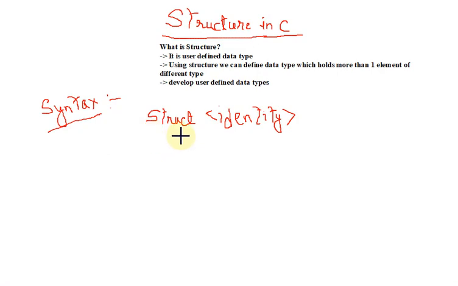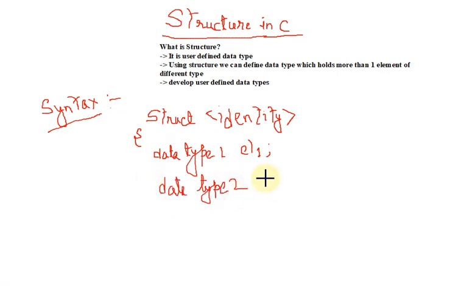After the struct keyword and the identifier, we need to create the body of the structure. That is data type 1 and the variable element 1. In a similar way, we can write data type 2 followed by the next variable, el2.